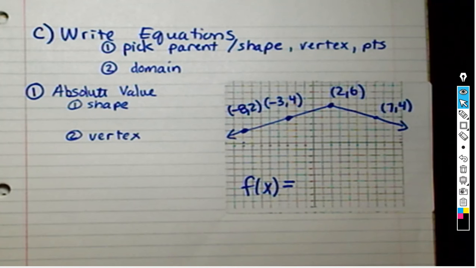Adia, you here? Yes, right here. Okay. What's the shape? Line or V?